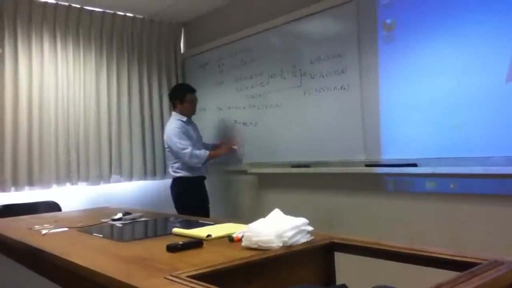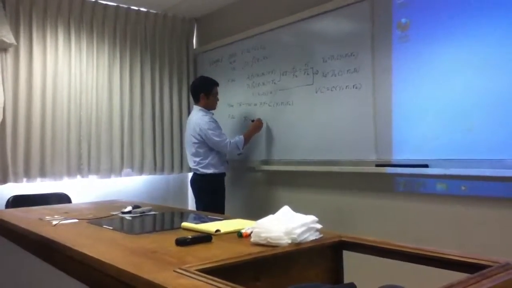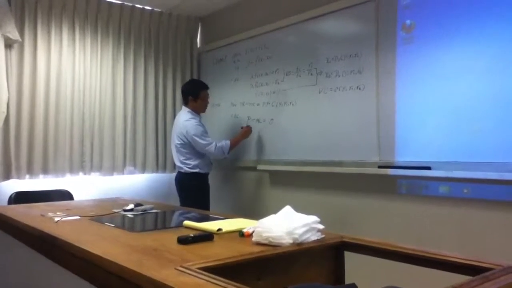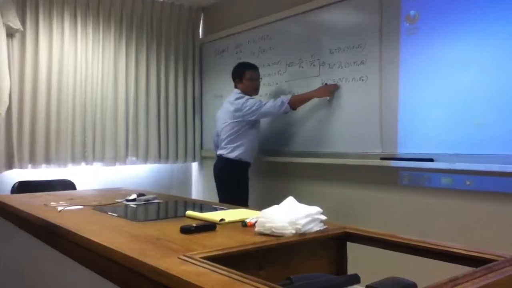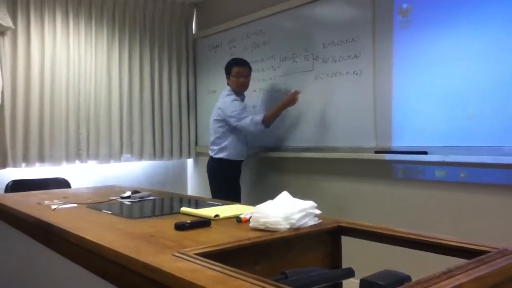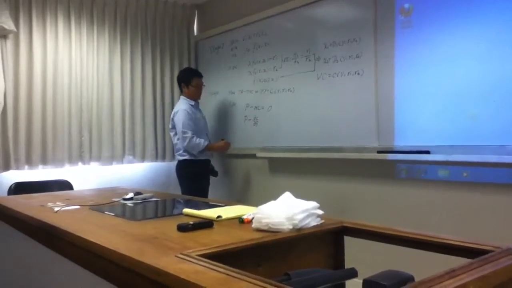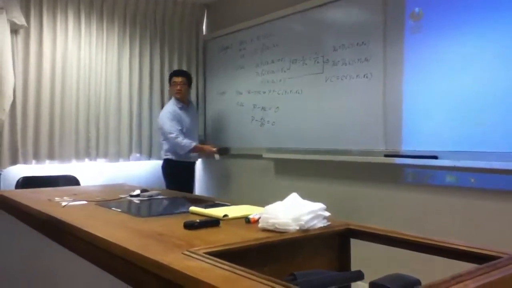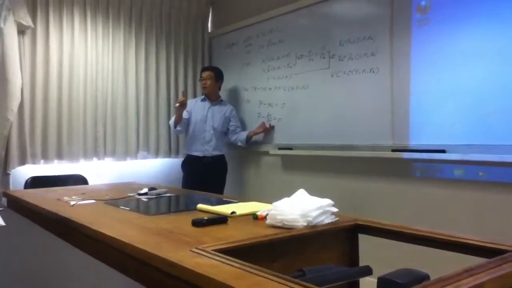So P is equal to marginal cost. Marginal cost is the partial of this cost function with respect to y. But look at here, this is one equation with one unknown, y.